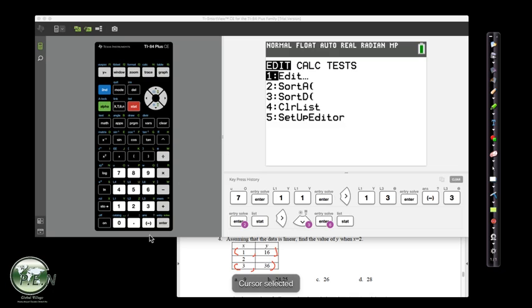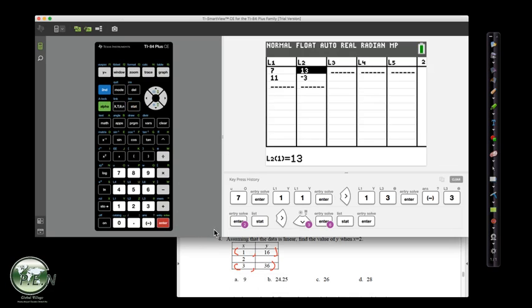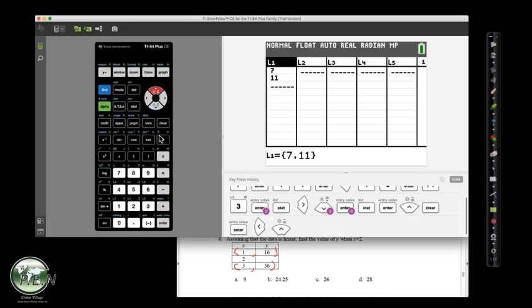So we're ready to go to the edit page. We need to clear out our data, so we arrow up, clear, enter, arrow over, arrow up, clear, enter, just like that. We enter the x values, 1, enter, 3, enter.